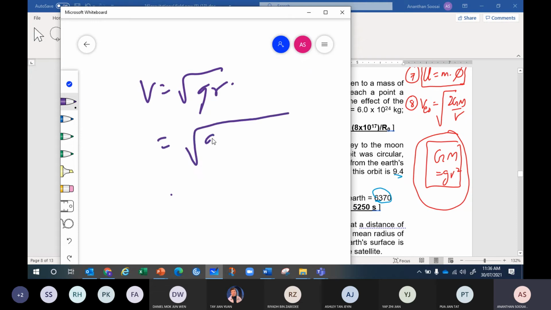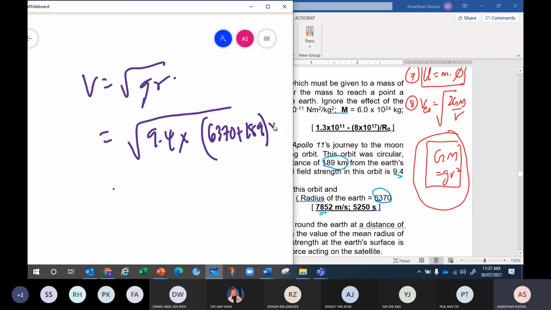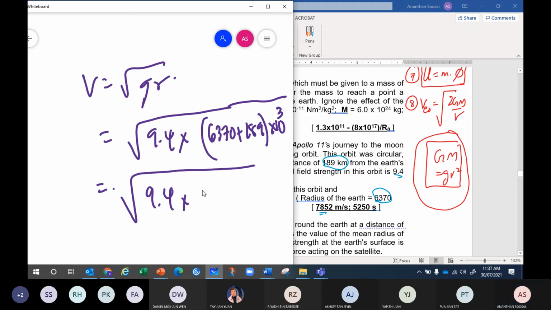So g is 9.4 times R. For R, you put what? 6370 plus 189, right? Yes, 189 times 10 to the power of 3. Okay, so root of 9.4 times these two added. So what do you get? So actually, do you still get the same answer? I made a careless mistake.